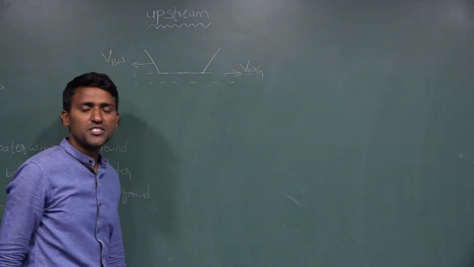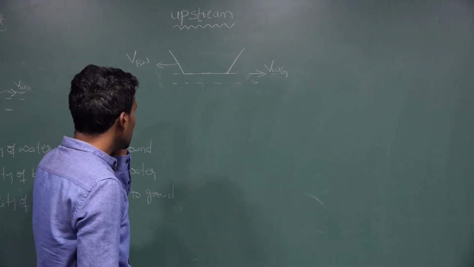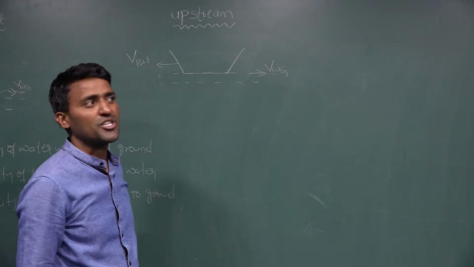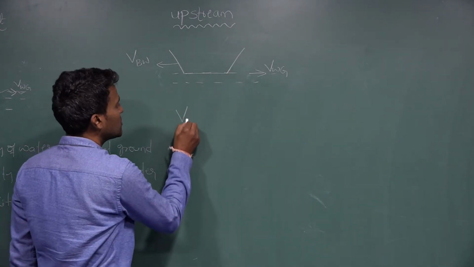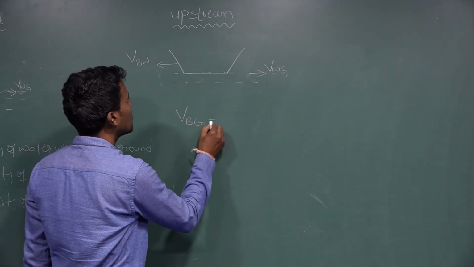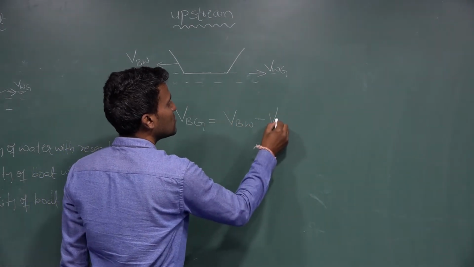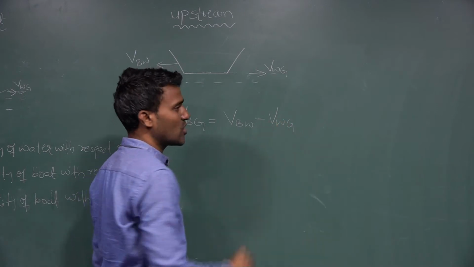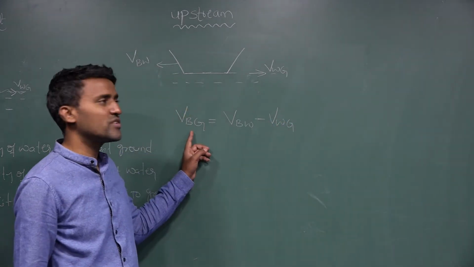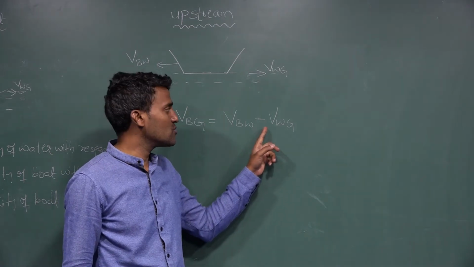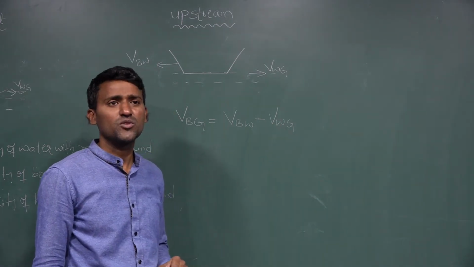If both are in opposite direction, we call it upstream. Now, the velocity of the boat with respect to ground is equal to the velocity of the boat with respect to water minus the velocity of the water with respect to ground.